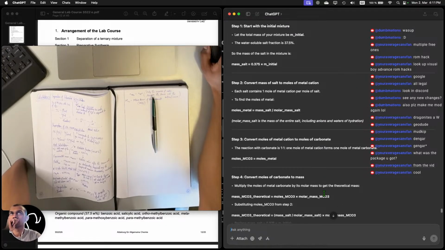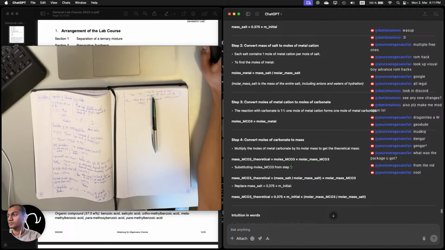Moles of, yeah, that's correct. So more mass of the theoretical is moles of carbonate.